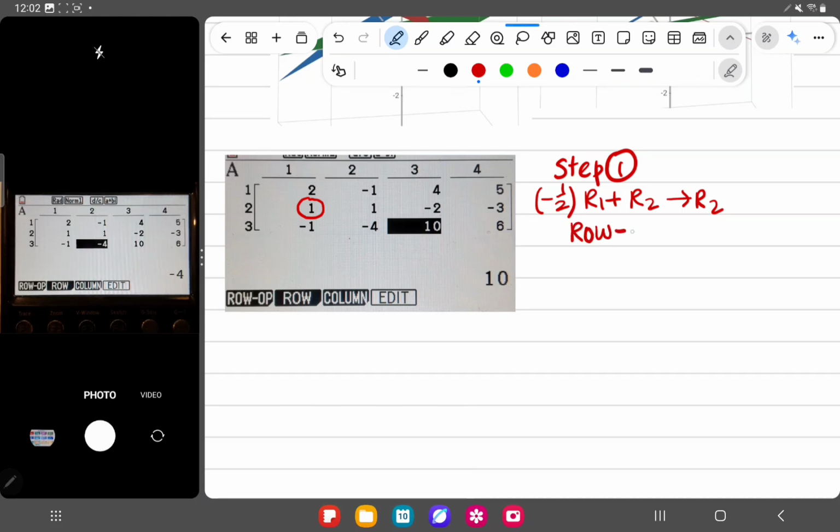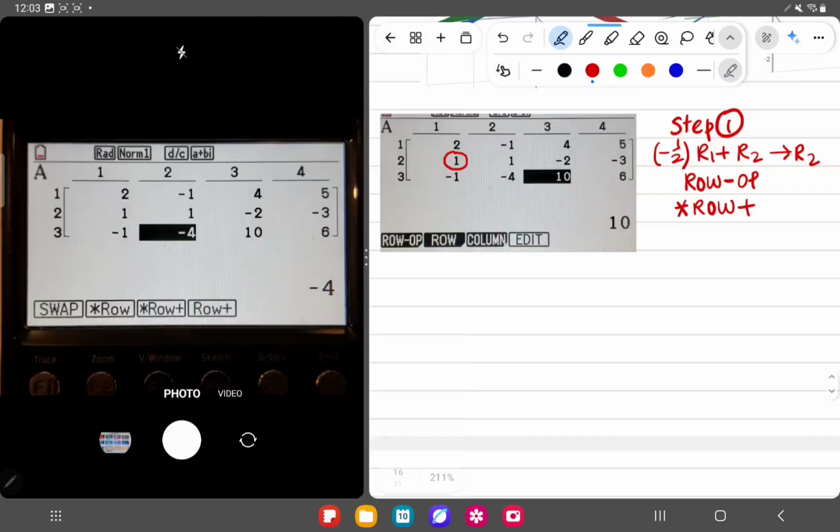Choose row op, and then hit multiply row plus.